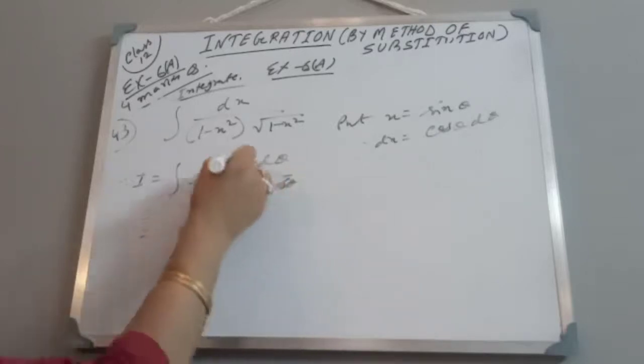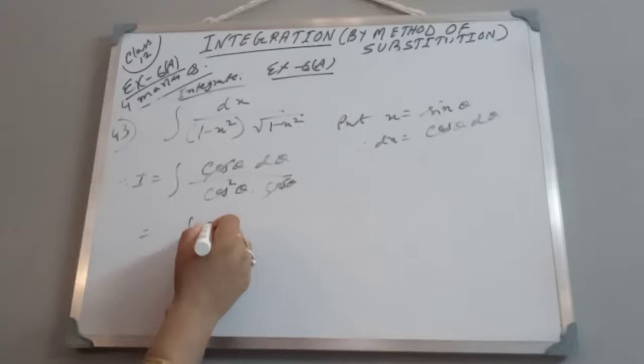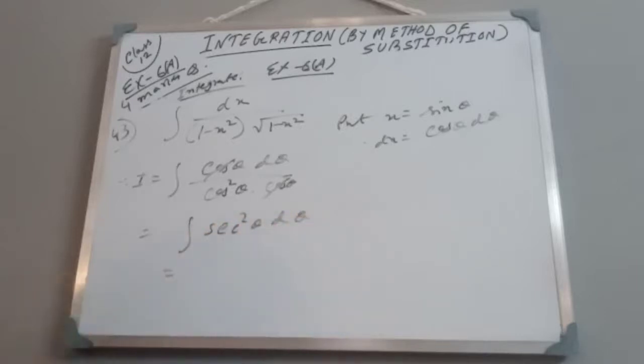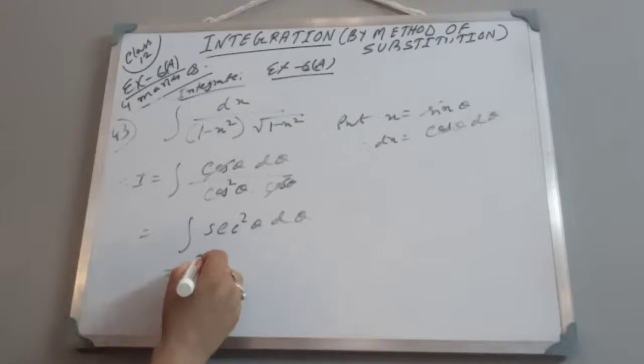Okay, now this and this will be cancelled, so 1 by cos square theta means sec square theta d theta. d by dx of tan x equals sec square x. So integral sec square theta will be very simple, that is only tan theta.